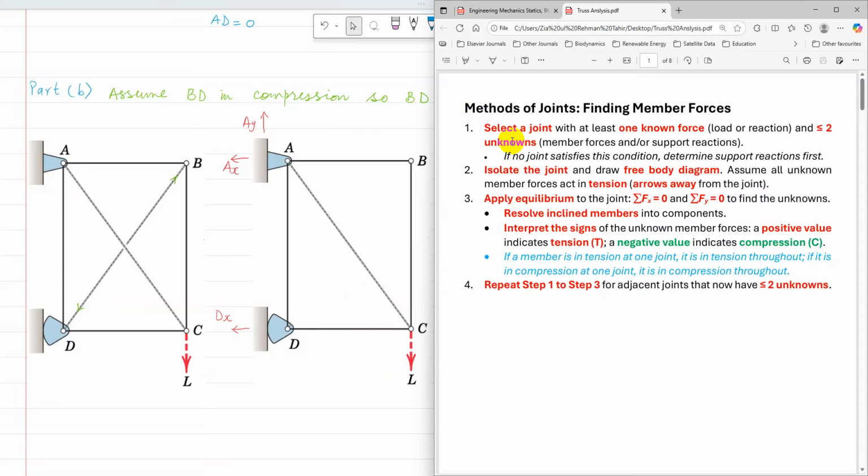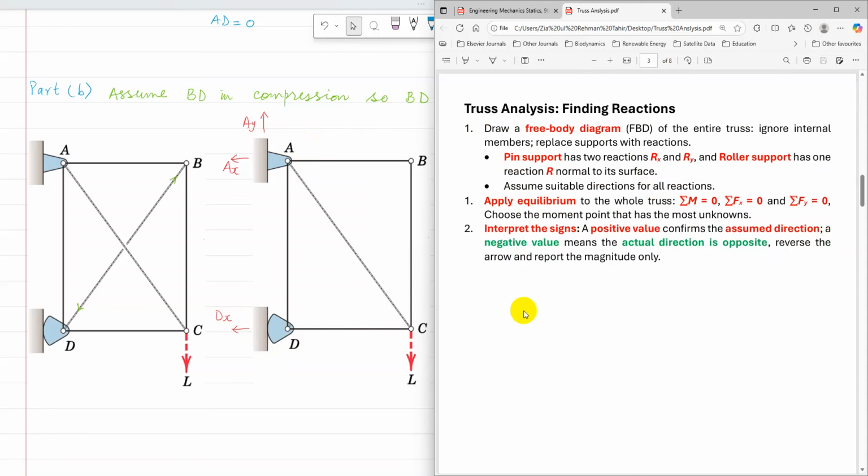the first step condition is not being satisfied. So we need to determine support reactions at A and D. These are the steps to find reactions in a truss. Need to draw a free body diagram of the entire truss, ignoring internal member AC and replacing supports with reactions. At A there are two reactions, and at D there is one reaction.